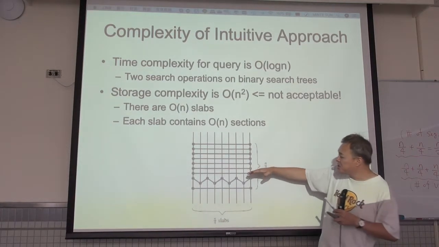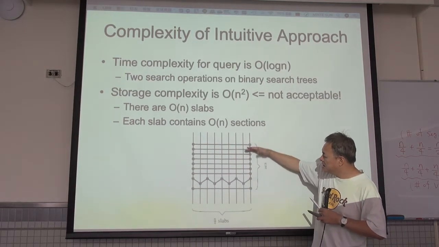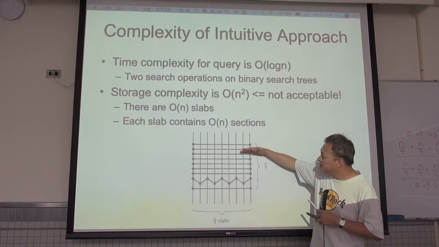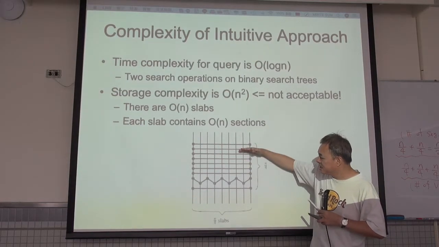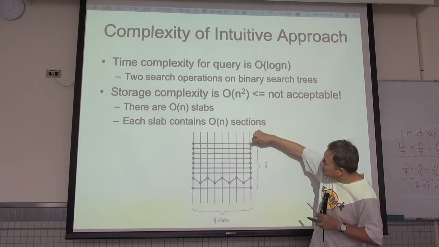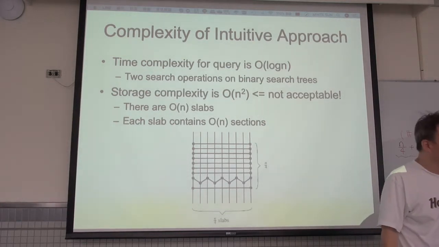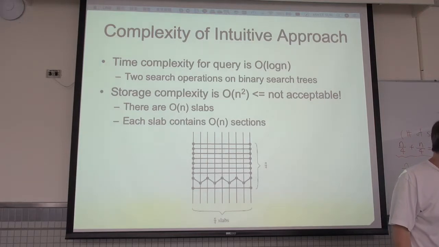Because we have roughly n over 4 line segments, right? So this subspace is approximately n over 4. Is that right?